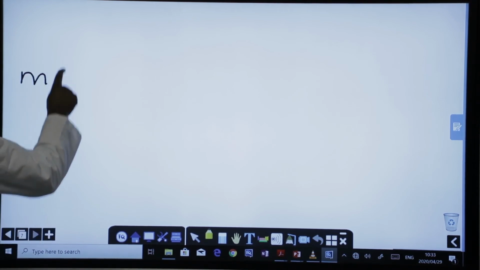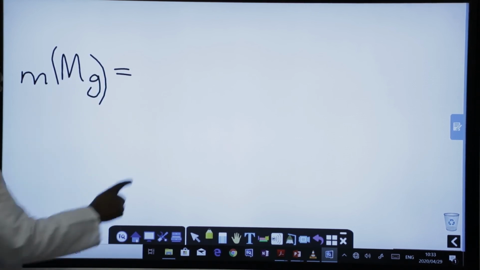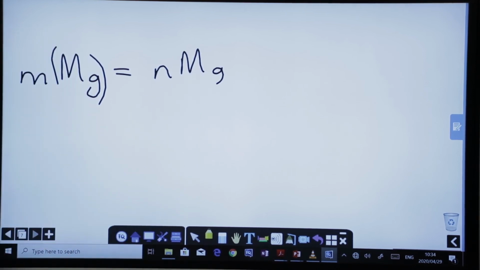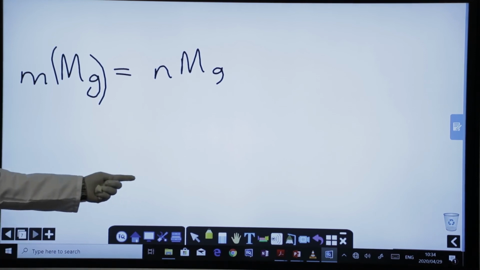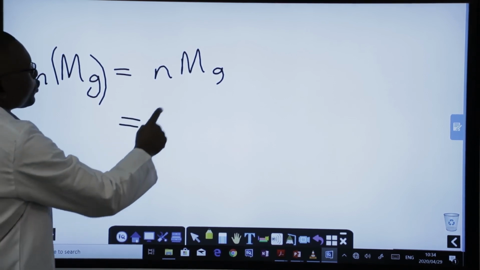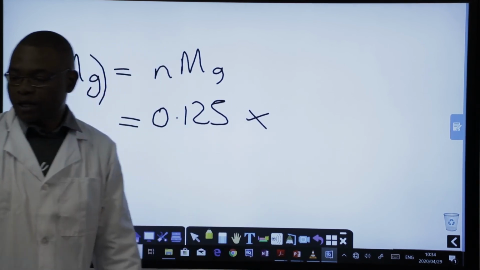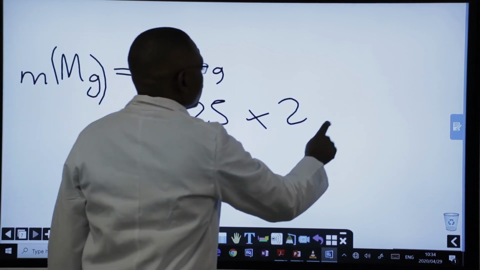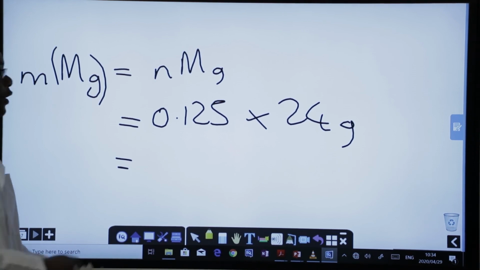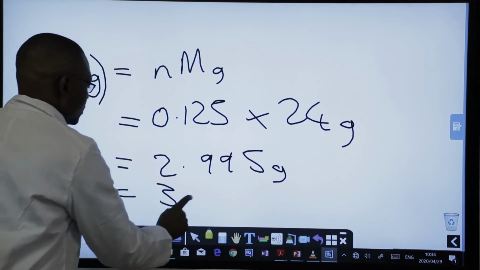So the mass of magnesium is equal to the number of moles of magnesium which we have used. So it will be actually the change in the number of moles of the magnesium. So this is going to be equal to 0.125 moles times the relative atomic mass of magnesium, which is equal to 24 grams. So if you punch this into your calculators, you will find this as 2.995 grams, which is equal to 3 grams. Okay.